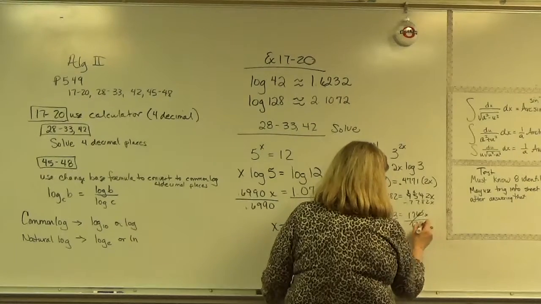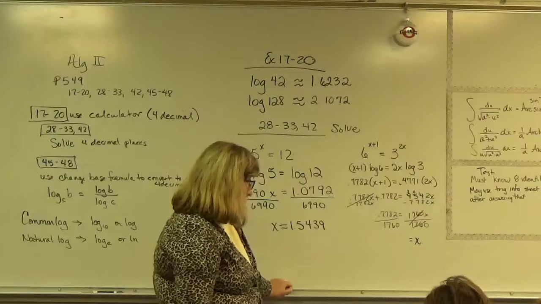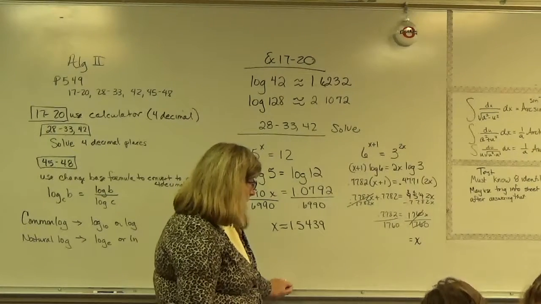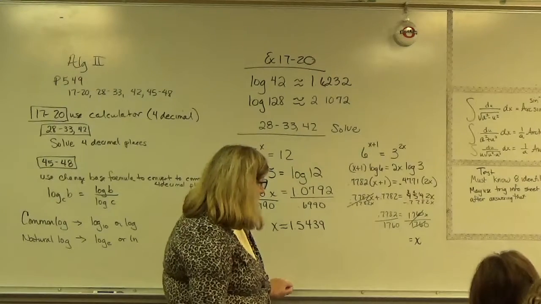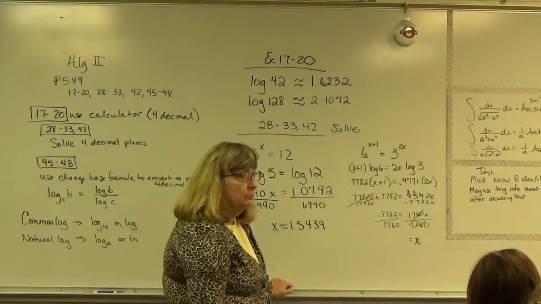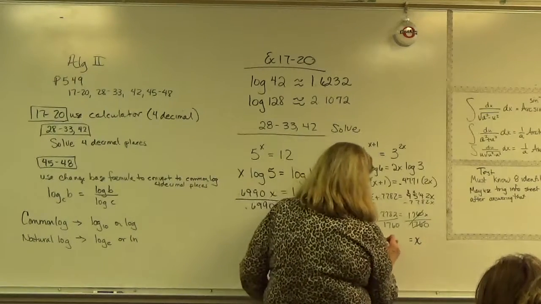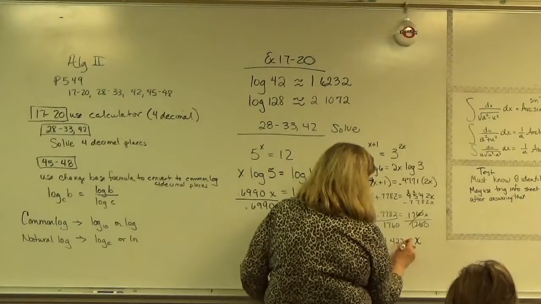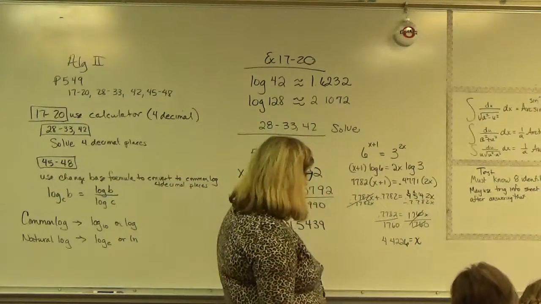So that's going to cancel. So x equals 0.7782 divided by 0.1760. We're dividing is what we're doing. I got 4.4226.